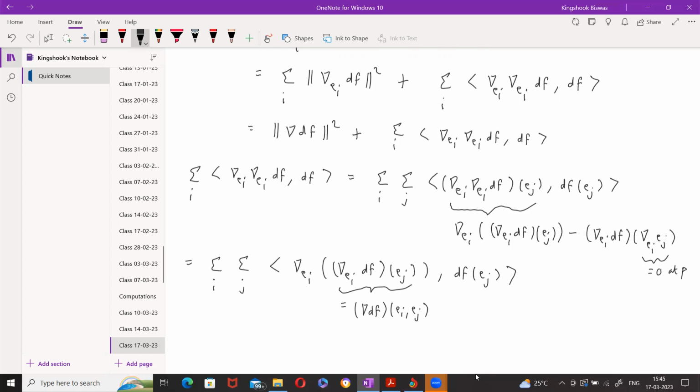But this is symmetric, so this is the second fundamental form acting on e_j e_i.